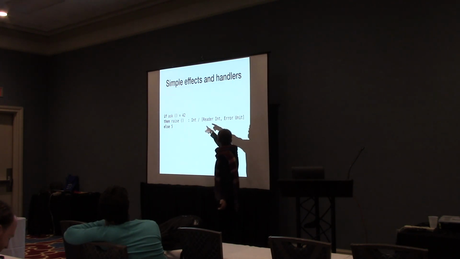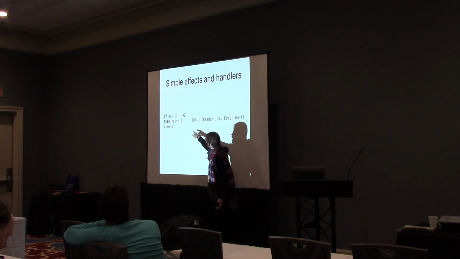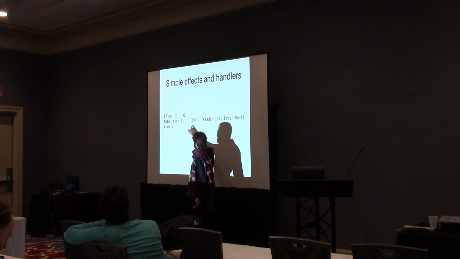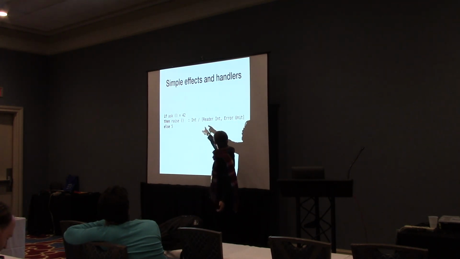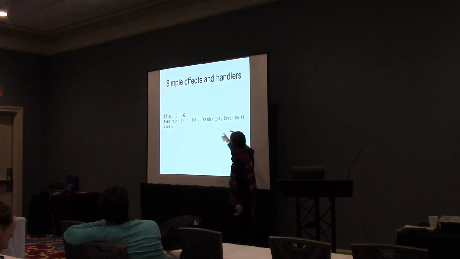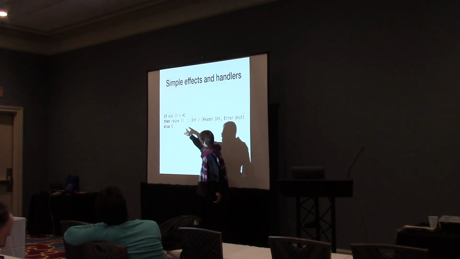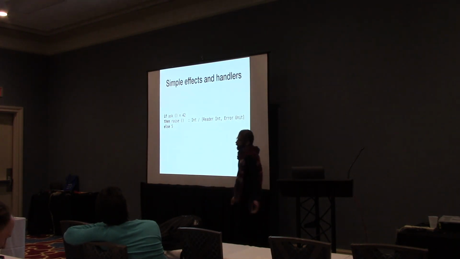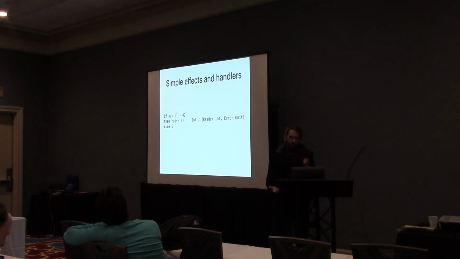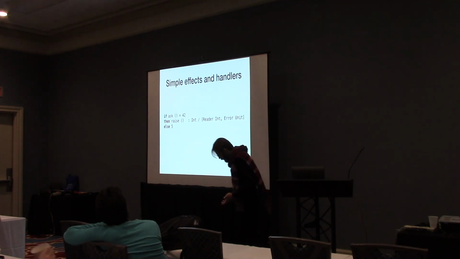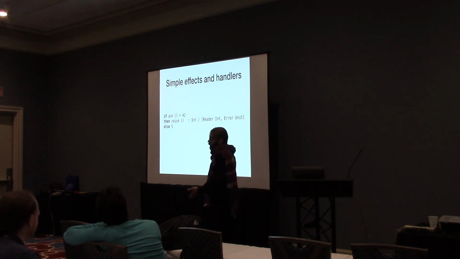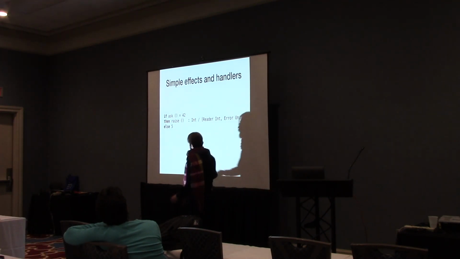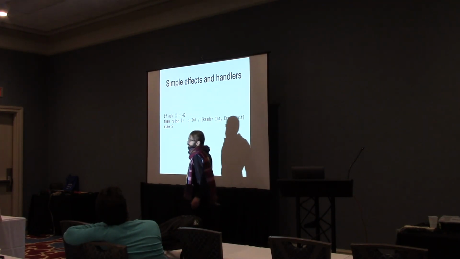We can type this whole expression as an integer given these two constraints, right? So the reader should better return an integer when asked, and the error should better wish for a unit to be given to it. And since the raise operation could produce any type as a result, it can in particular provide us with an integer. Right? No problem.